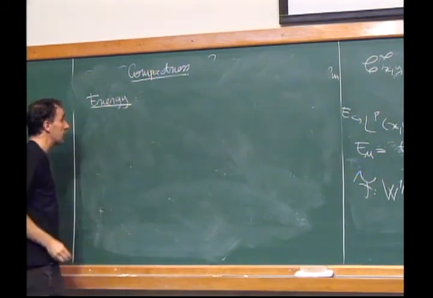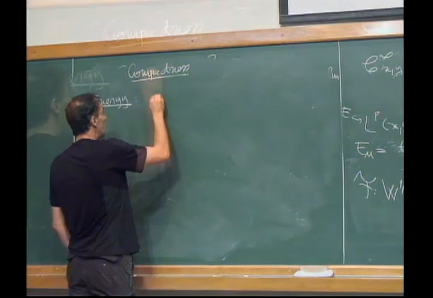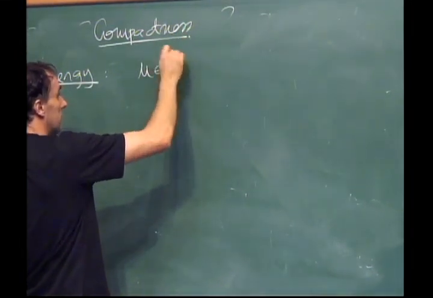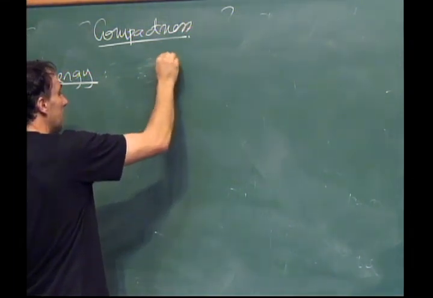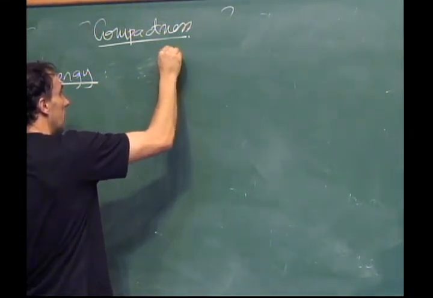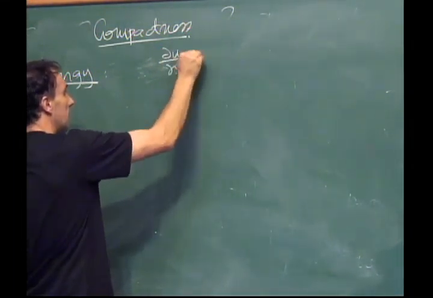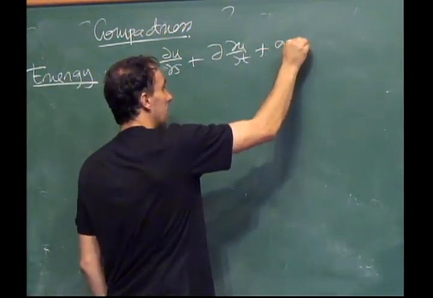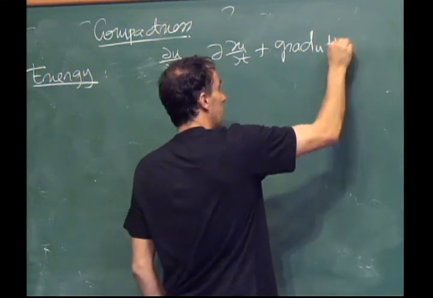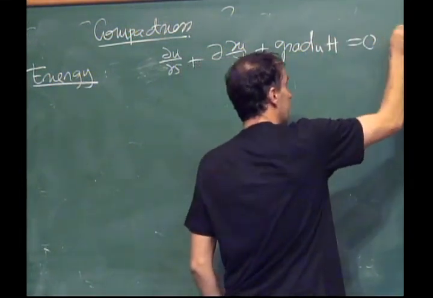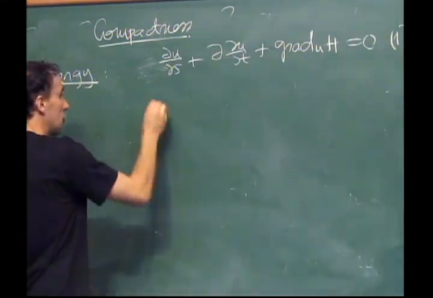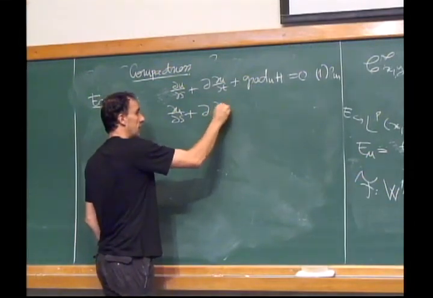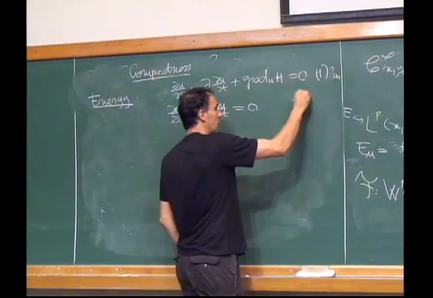So the energy for some solutions u. Let me write these two equations. The first: ∂u/∂s plus J ∂u/∂t plus the gradient of H at u is equal to 0. This is the Floer equation, and the Cauchy-Riemann equation will show up as the second one.